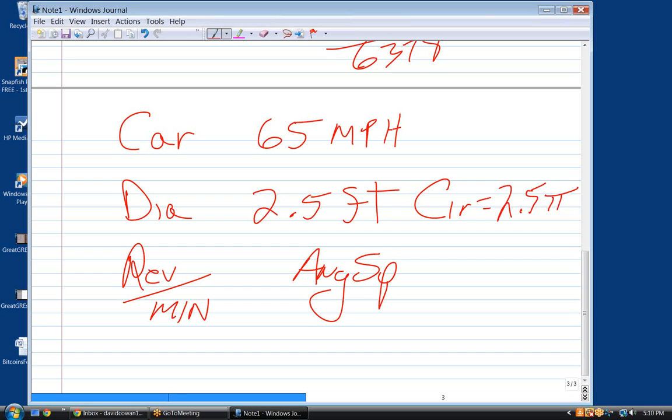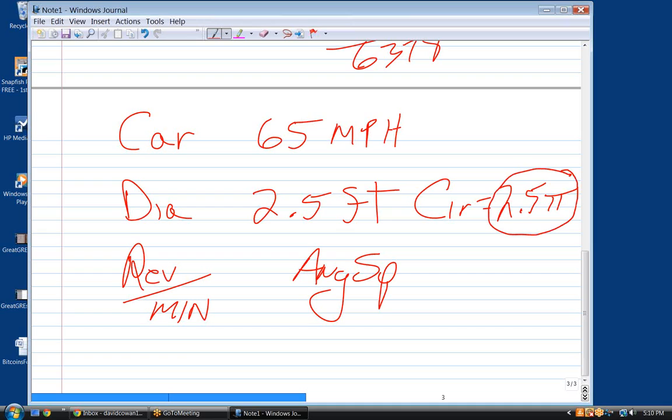So every time the car moves forward by this many feet, the wheels have turned once.